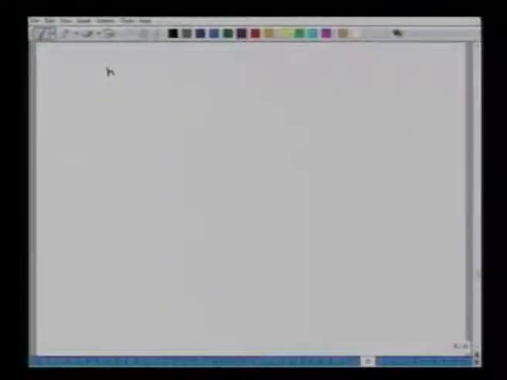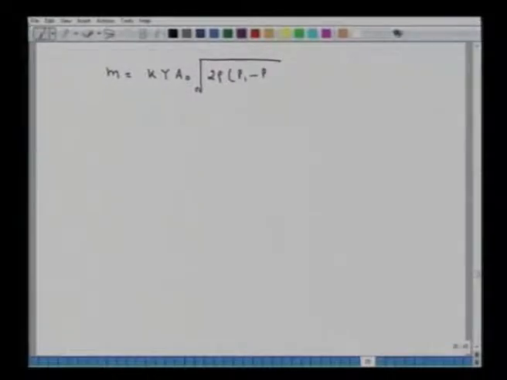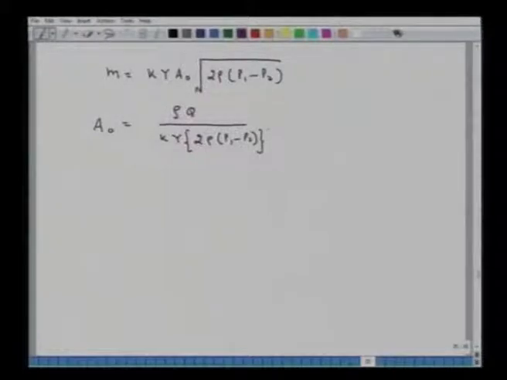So, we can straight away write down the formula m is equal to K Y A0 square root of 2 rho (P1 minus P2), that is what we know. Now, from here we can say that A0, that is what we have to find out, will be equal to rho Q upon K into Y into 2 rho (P1 minus P2) raised to the power 0.5.